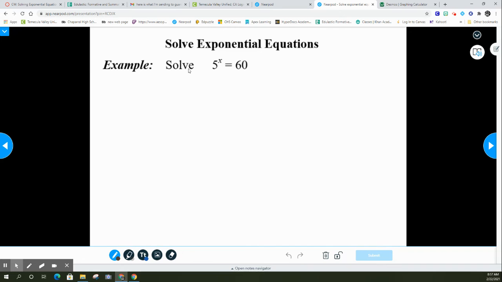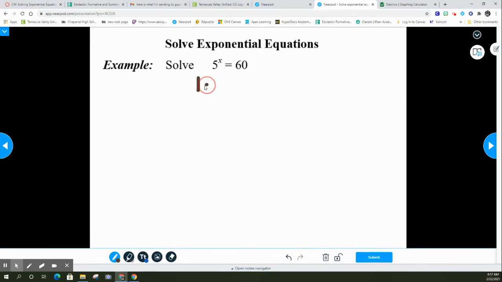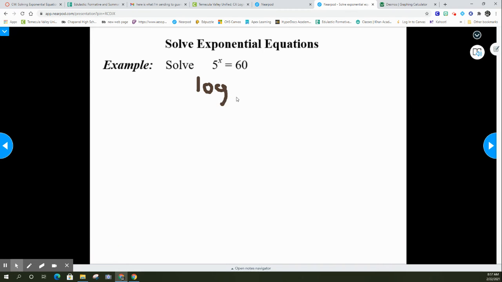All right, so here we have an exponential equaling a linear. So to me, the easiest way to do this would be to use our ability to rewrite logarithms. When we rewrite this exponential equation as a logarithmic equation, the x is automatically going to be by itself. What I mean by that is, again, it's log base 5 of 60 equals x.